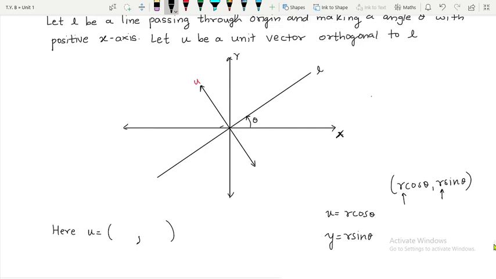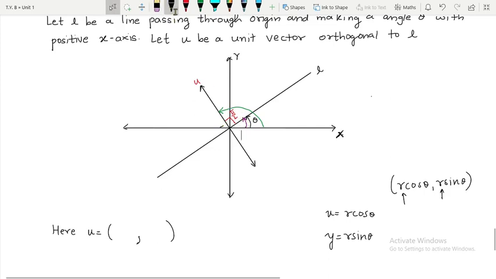Since this u is orthogonal to L, definitely you can tell this angle is going to be pi by 2. Can you tell me the angle made by u with positive x-axis? Since this angle is theta, and this is pi by 2, the total angle made by u with the positive x-axis will be theta plus pi by 2.